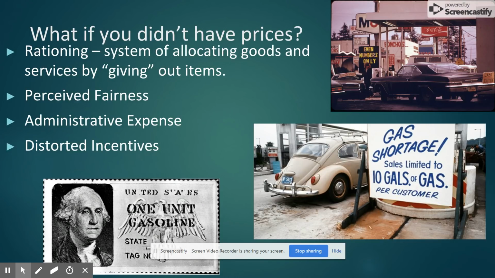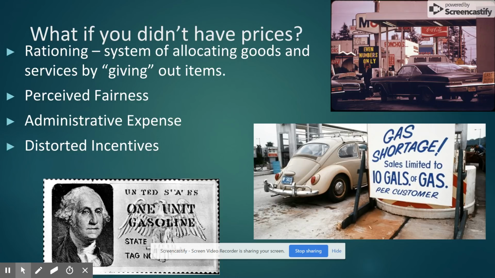Remember what we said about supply. Do suppliers like high prices or do they like low prices? You should be answering high prices. That's right, they like high prices. So if you do something to try to keep the price low, like maybe you limit the amount that people can buy, will suppliers want to supply it?